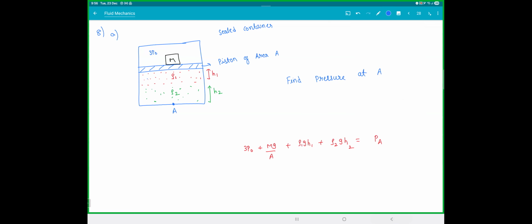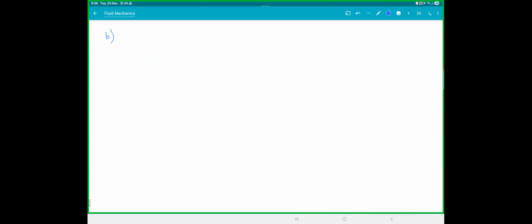Let's see one more. We have three containers. They all have the same base area.